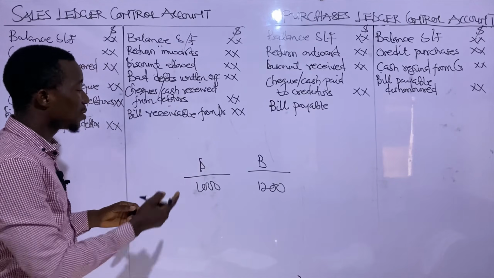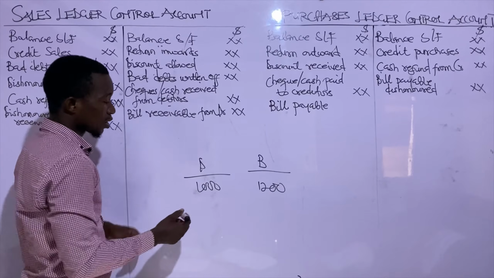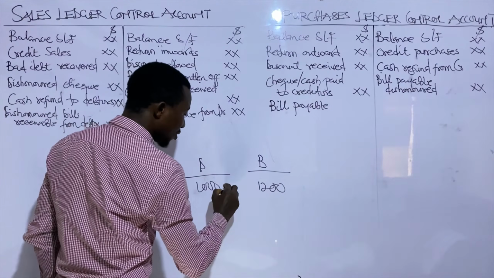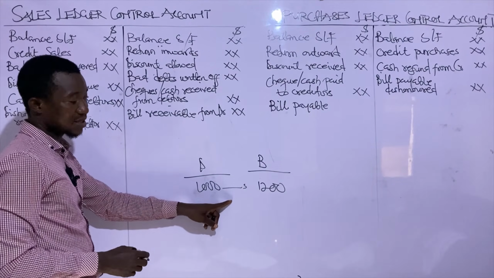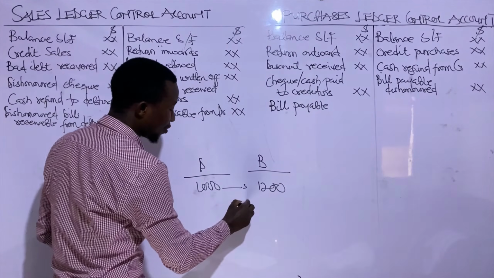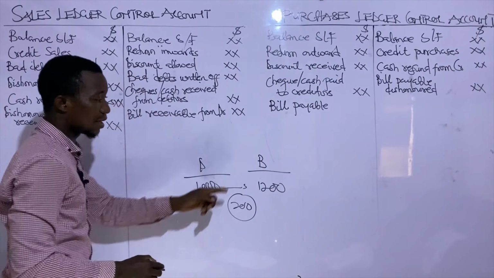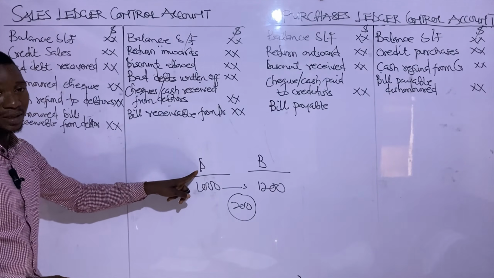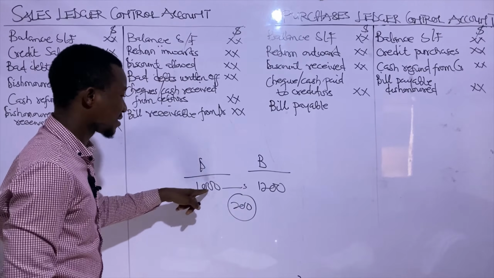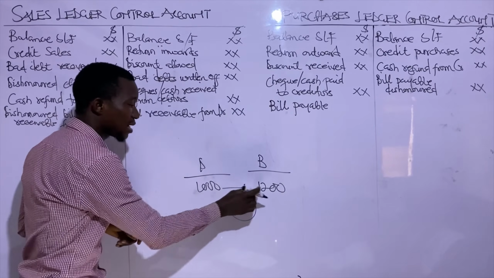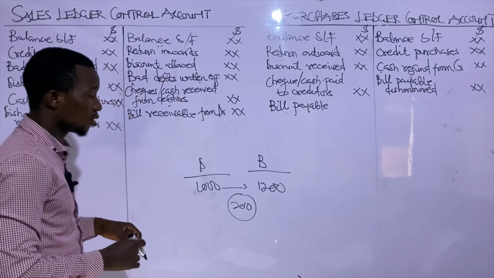So an agreement could be made between them that we should use the 1,000 cedis to make a set off, to pay each other, to cancel off. Then the remaining 200 will be an amount of money that the business still owes the debtor as a supplier. Is that okay? So the 1,000 cedis set off is reducing the balance of both of them.